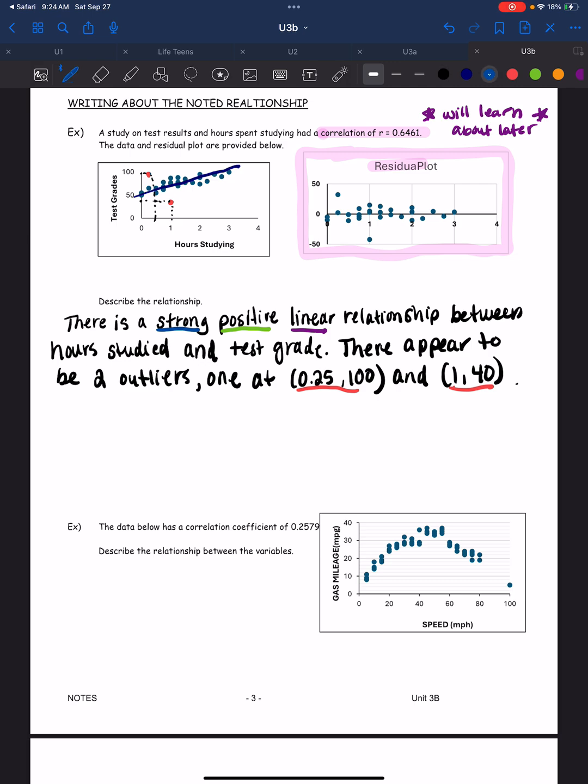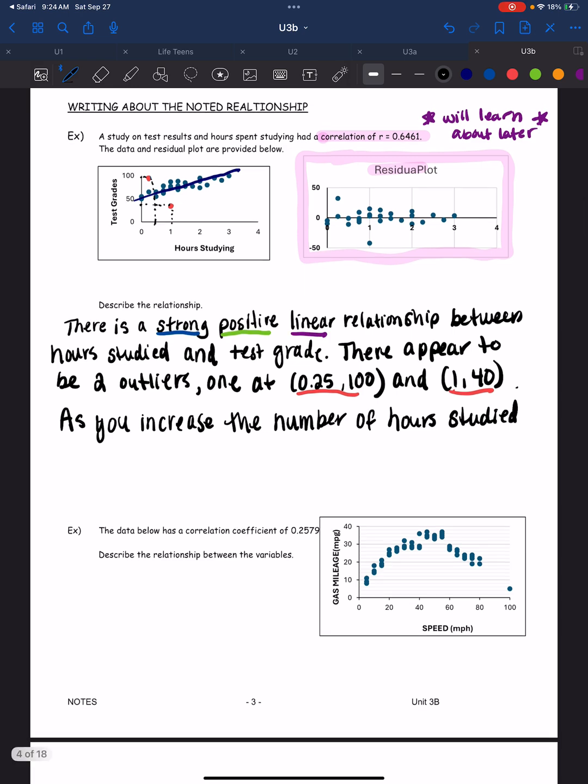So if I was to comment on what I know at this point, I could say, as you increase the number of hours studied, people tend to get a higher test grade.